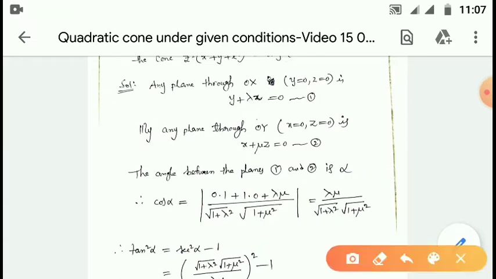By that property, the equation of OX is y is equal to 0, z is equal to 0. Actually, the x-axis is the intersection of the xz plane and the xy plane. Therefore, any plane passing through OX can be written like this: y is equal to 0, z is equal to 0. Any plane through OX is y plus lambda z is equal to 0.